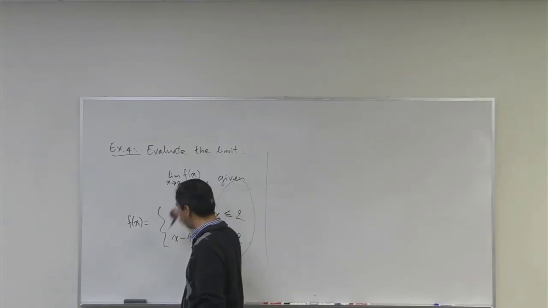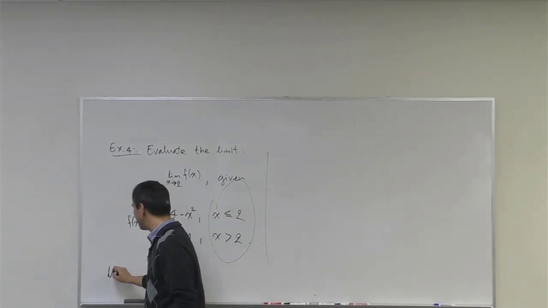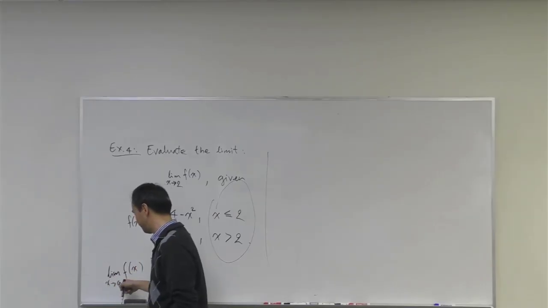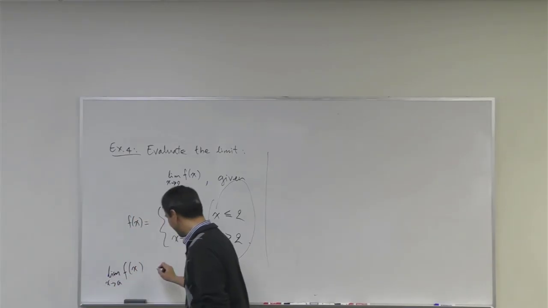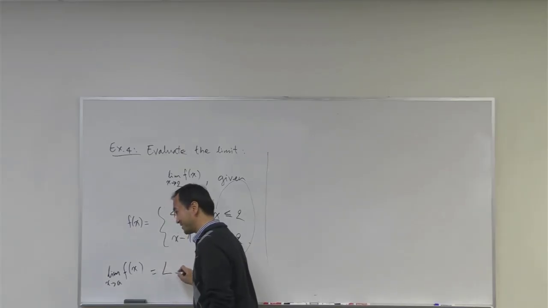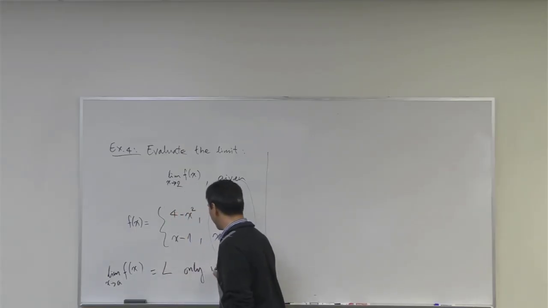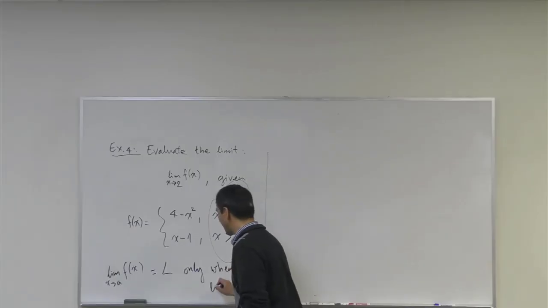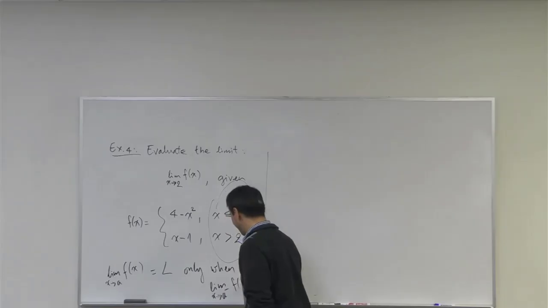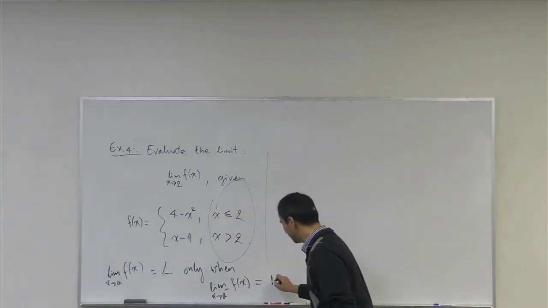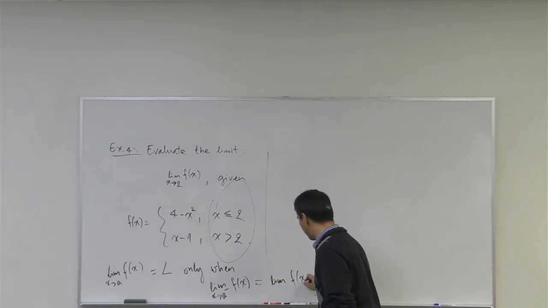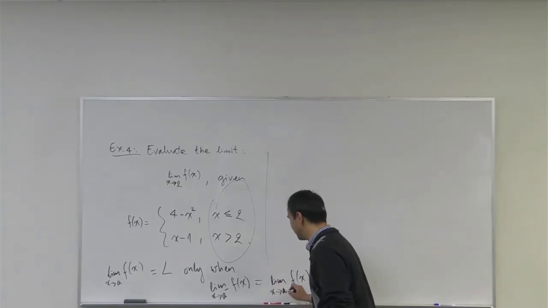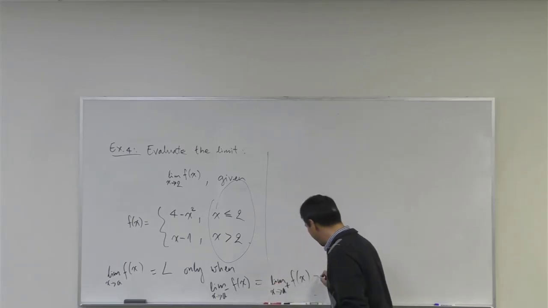Remember this limit law that we learned even before limit laws: the limit of a function as x comes to a limit point comes out finite only when the two one-sided limits, the one coming to a from the left-hand side and the one coming to a from the right-hand side, agree to the same value.